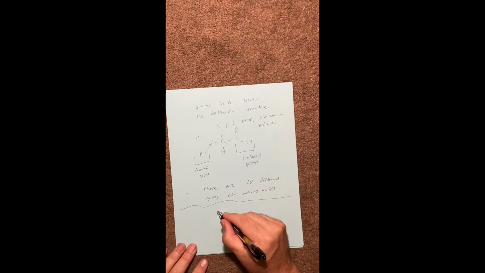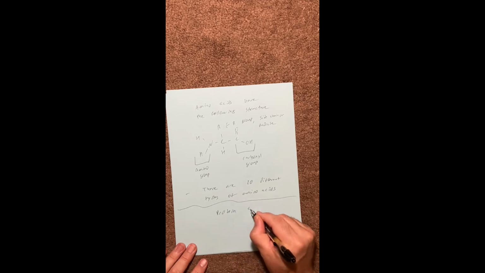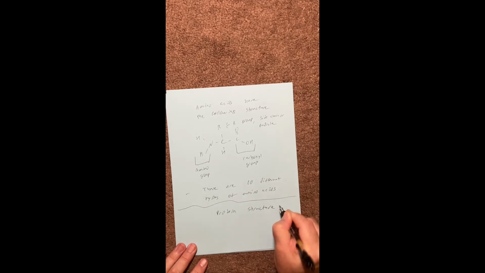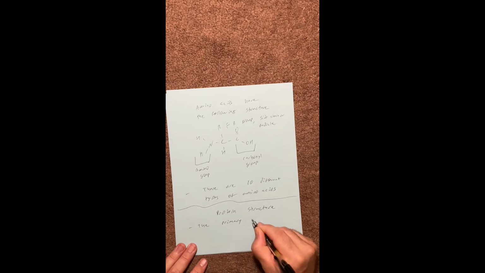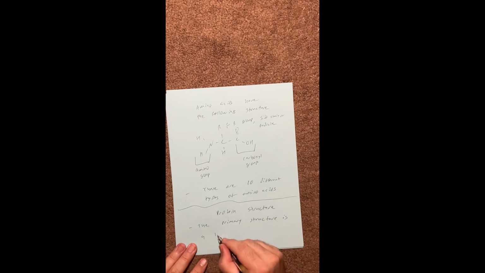Let's talk about protein structure. So the primary structure is a linear group of amino acids.